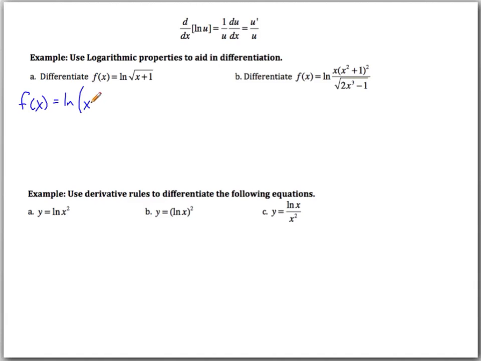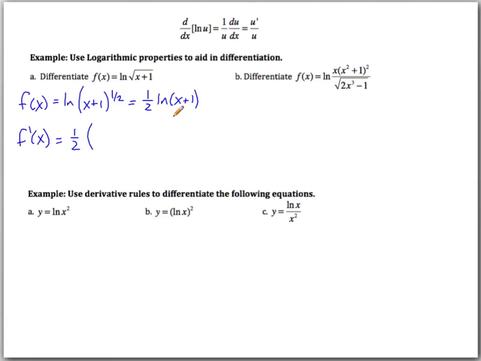And so first thing we want to do is change the radical into an exponent. And we know the exponent then can come in front of the natural log and multiply. And so this is what we're taking the derivative of right here. So f prime of x. Okay, well here's our constant. So that's just going to stay out in front.